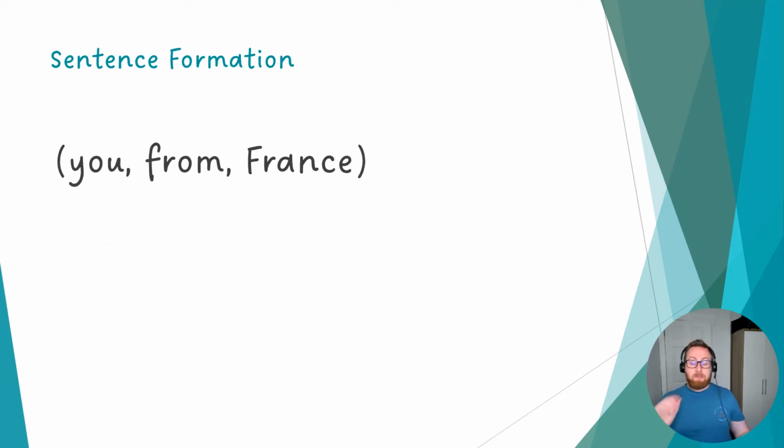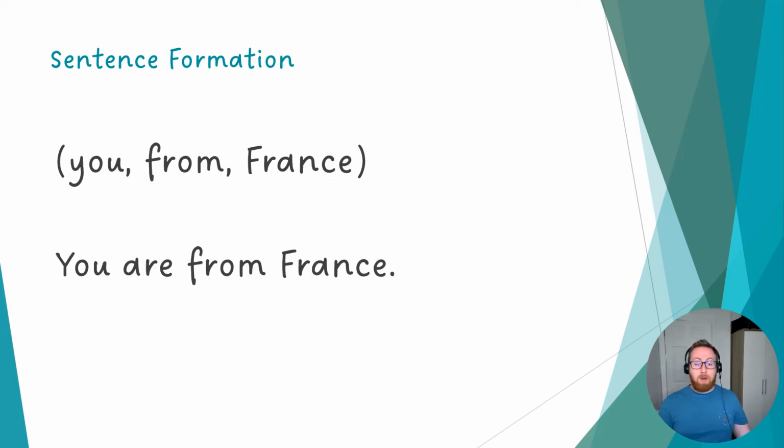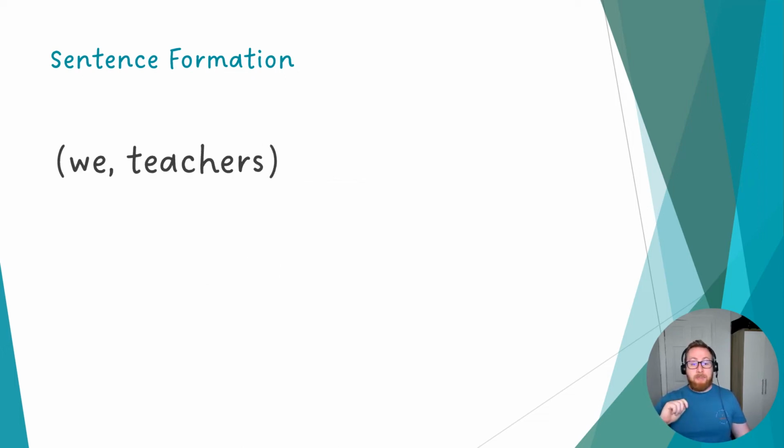Now, I'd like us to build some sentences here. I want us to create positive sentences using the words you from France. What could we say? You are from France. Brilliant. Let's try the next one. We, teachers. Create a positive sentence.